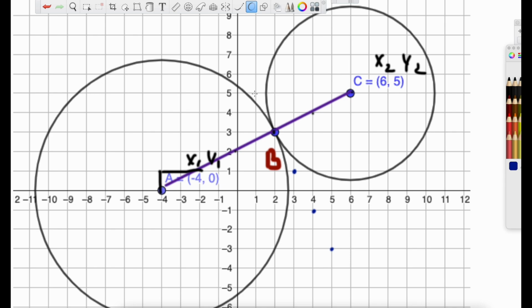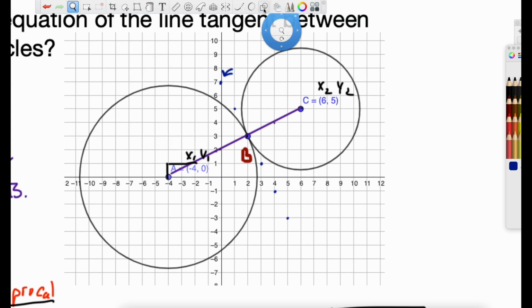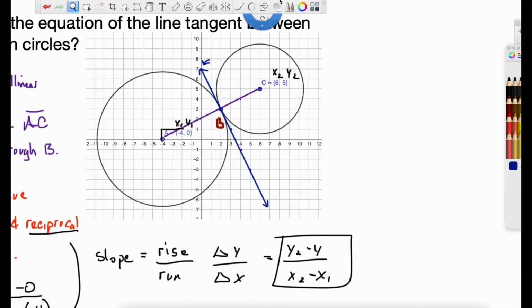Or we can go up 2 to the left 1, up 2 to the left 1. This point's important because that is where our line is going to intersect the y-axis, and we call that the y-intercept, which we use to write an equation of a line. So our y-intercept, b, is 7, and we already determined our slope is -2 over 1.